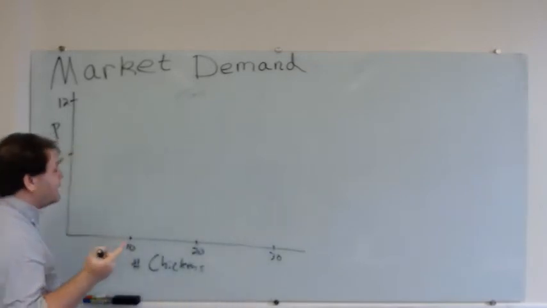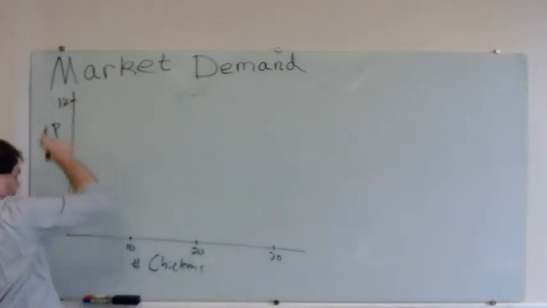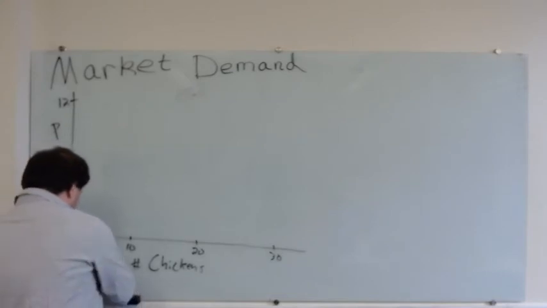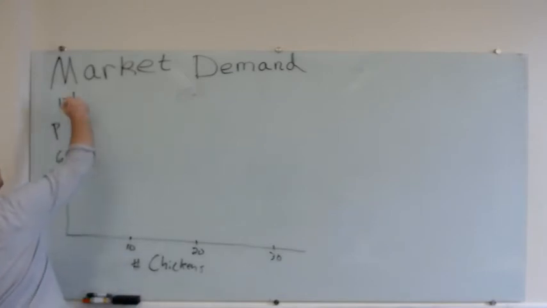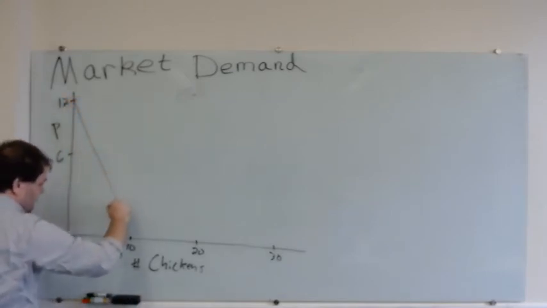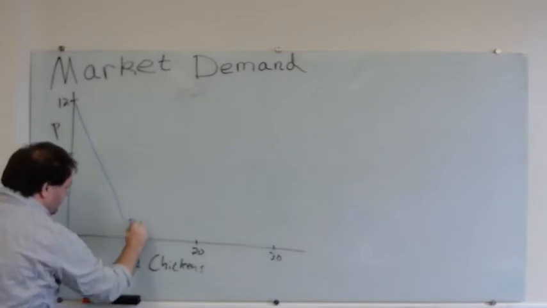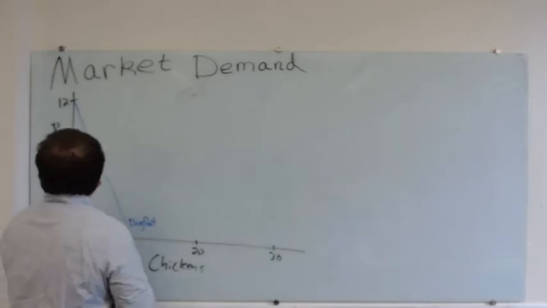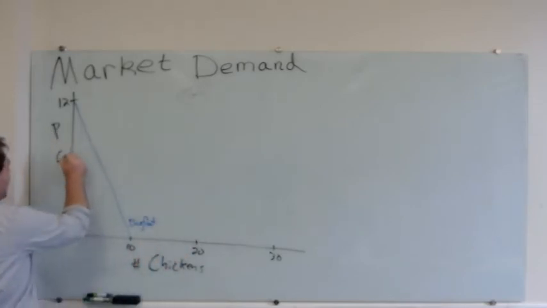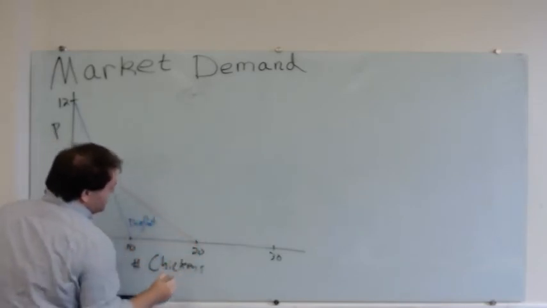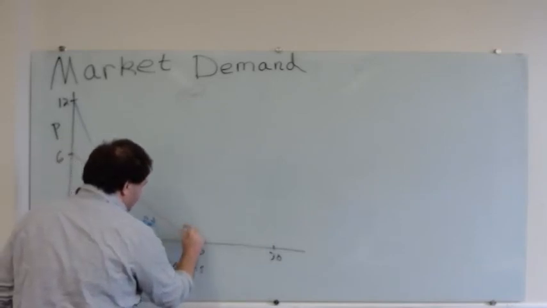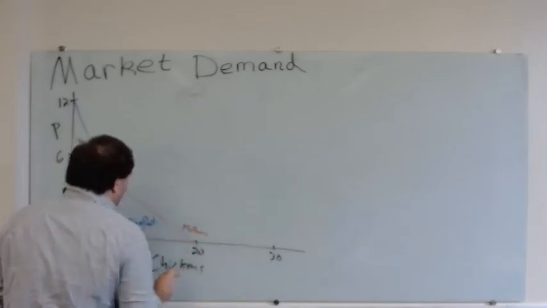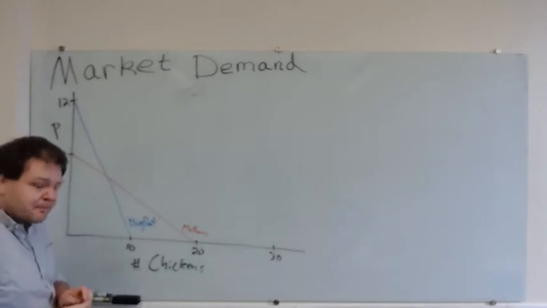The first demander for whole chickens is going to be Bigfoot. And the second demander is going to be the dread West Virginia Mothman. So we've got Bigfoot, we've got Mothman.